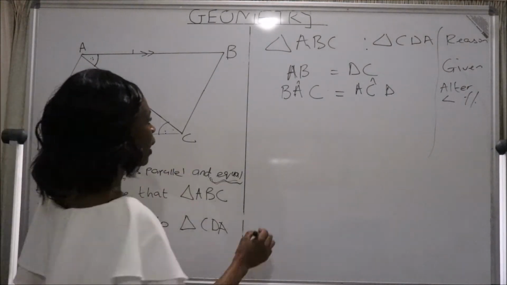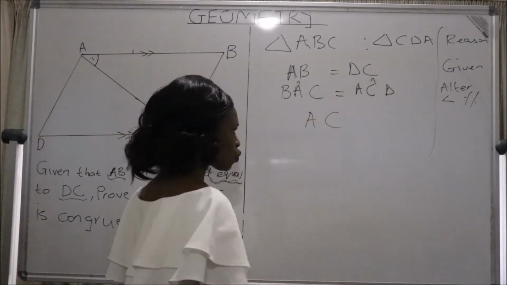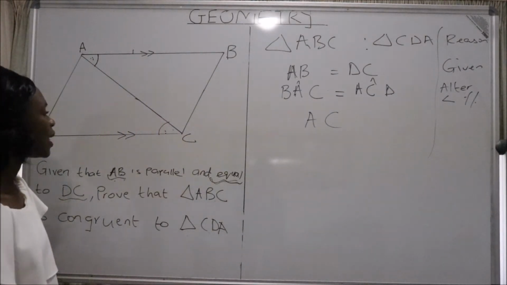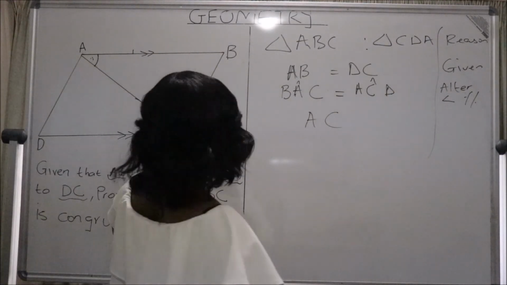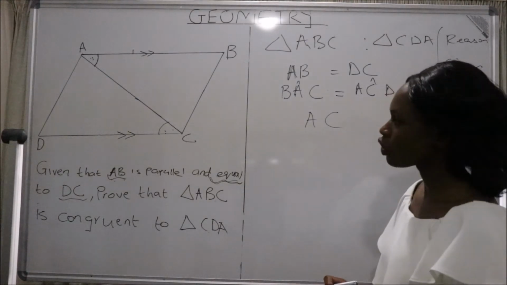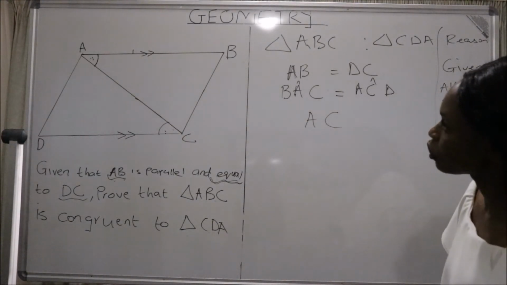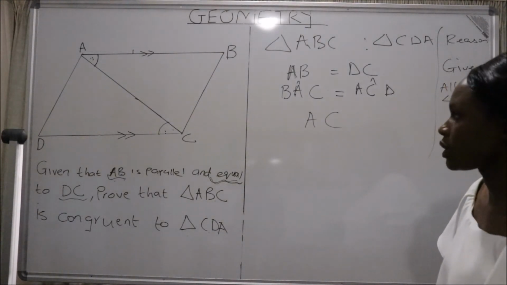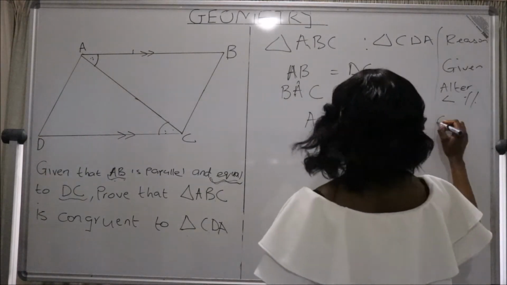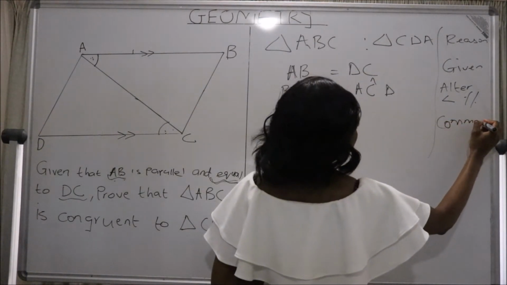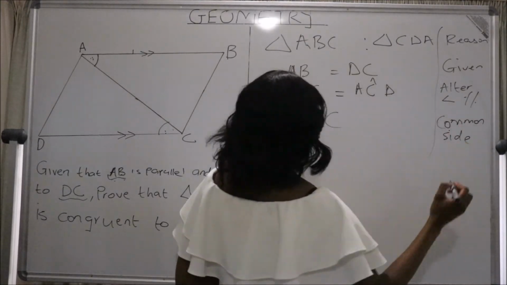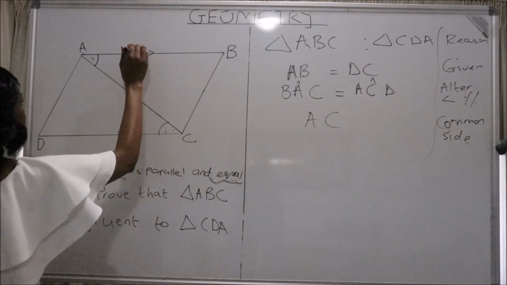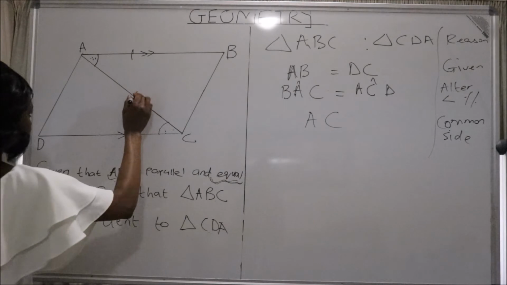We can prove AC. AC is equal in both triangles, and the reason for that is that it's a common side. It is in triangle ABC, and it is also in triangle CDA. Reason being, this is a common side. So what we have proven here is a side, an angle, and a side.